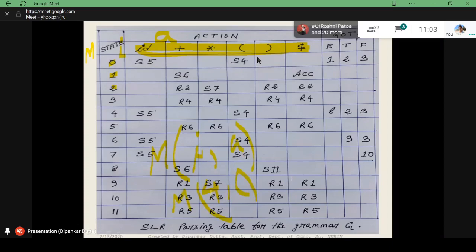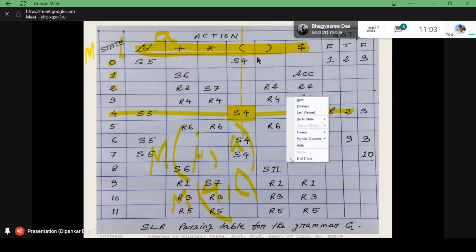Item set 4, and the input symbol is left parenthesis. So this particular entry will be represented by M4 left parenthesis.